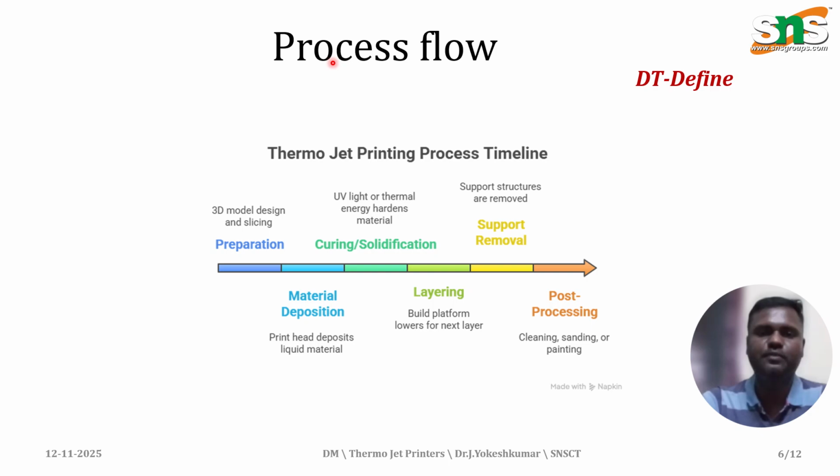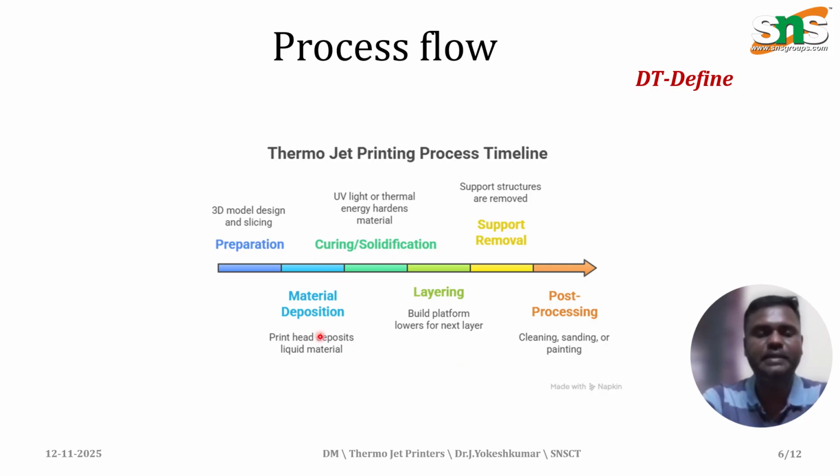This process flow starts from the preparation of the 3D model and slicing of the 3D model in the 3D printing machine software. The second step is to deposit the material. Once we have sliced the part into definite proportions, the material is deposited in the machine by means of a print head, which converts the solid into a liquid material by means of a heating process.